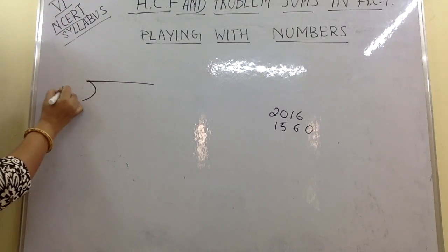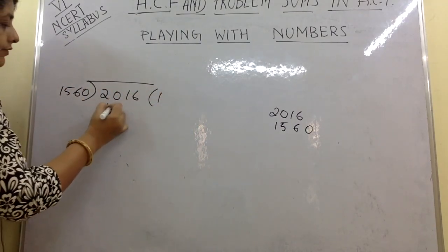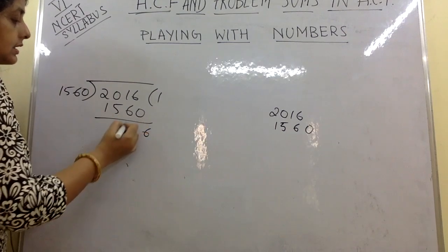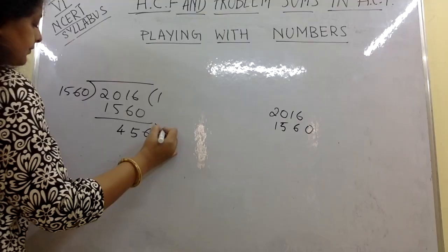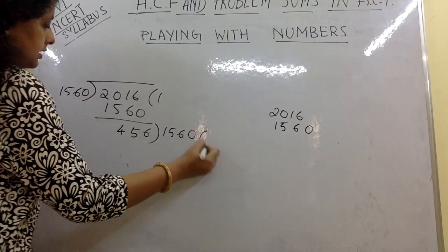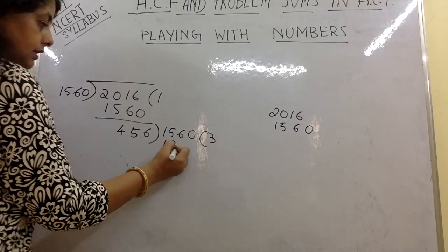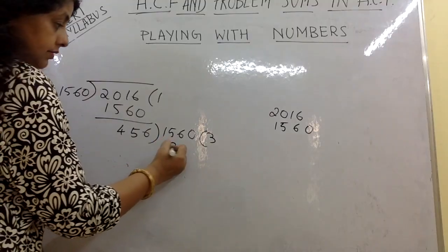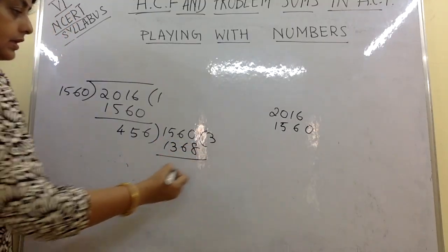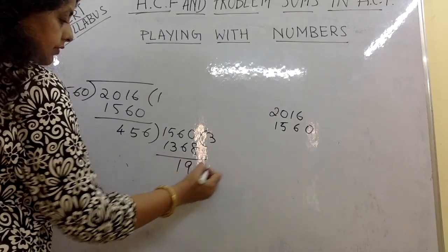This sum is a little difficult. 2016 and 1560: this is 6, this is 5, this is 6, 4. 1560 goes once, leaving 1368, which is 2 and 7, 9 and 1, 192.